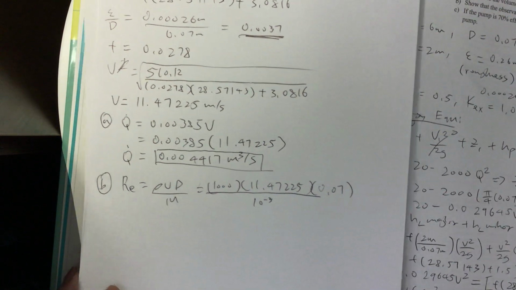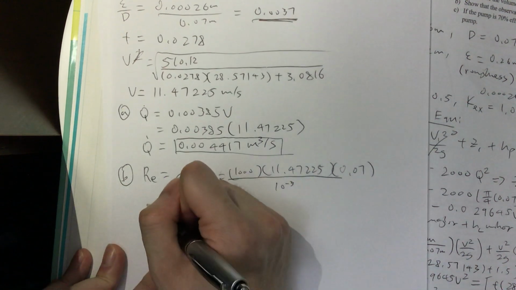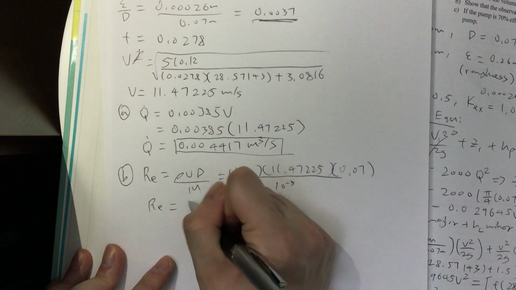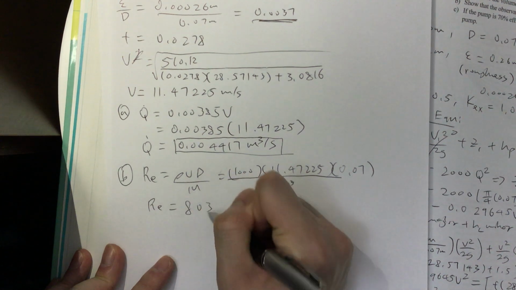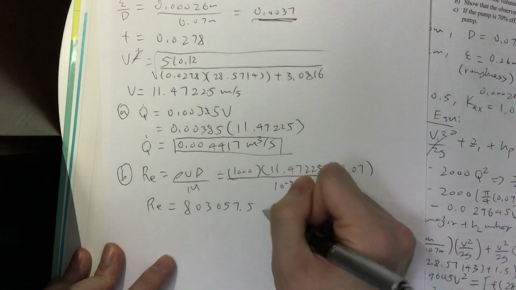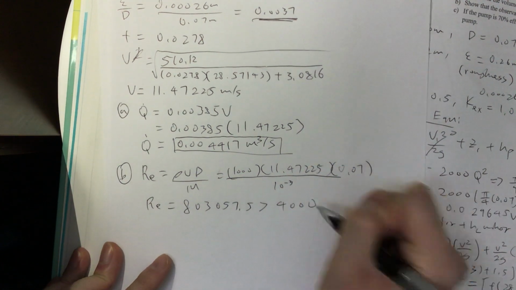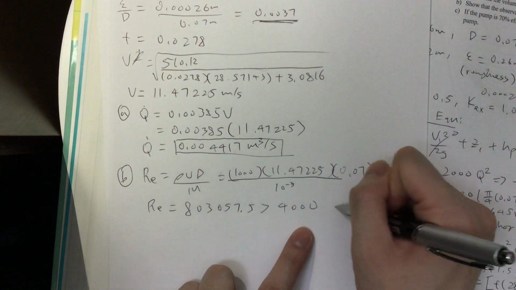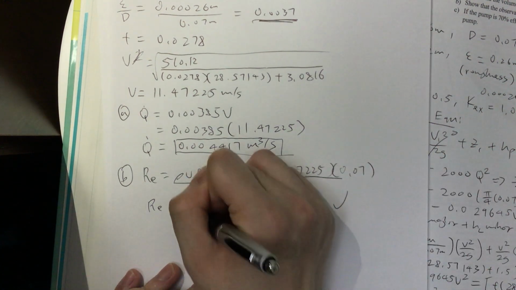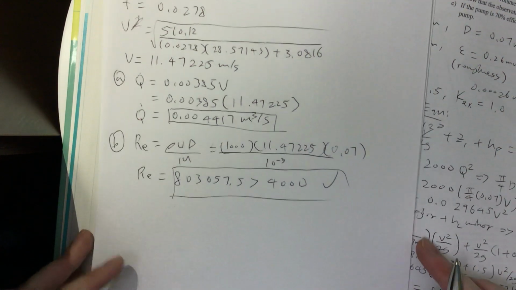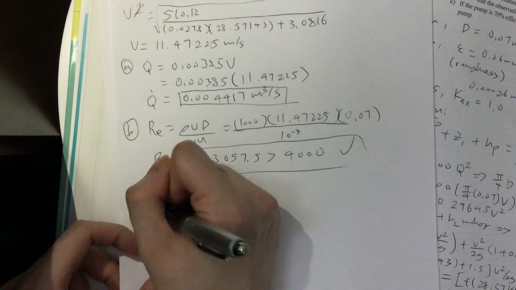That's going to give us a Reynolds number of 803,057.5. That is way bigger than 4,000. And anything that is bigger than 4,000 is a fully turbulent flow, so that checks out. Good.